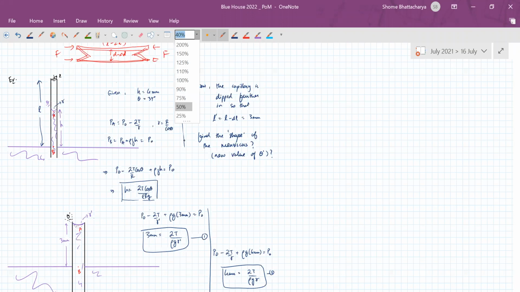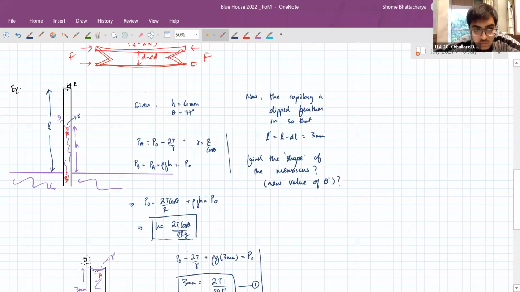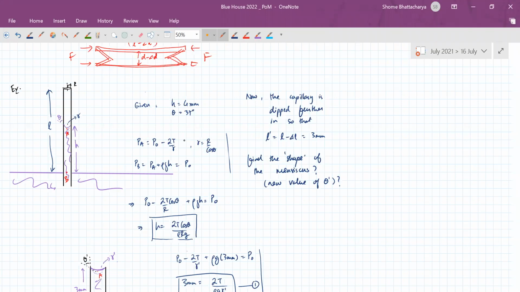The meniscus shape will have to change because the natural capillary height was 4 millimeters. But now you're dipping it further in so that the length of the capillary outside is only 3 millimeters. So it's not able to maintain that pressure difference because the pressure at B should be equal to atmospheric pressure. With the original shape of the meniscus, you needed 4 millimeters of capillary height to maintain atmospheric pressure at the point B.